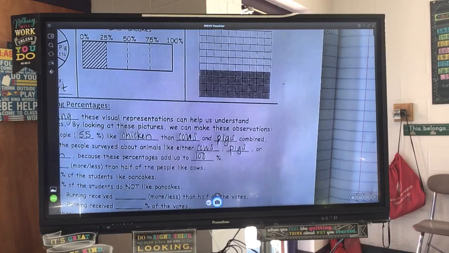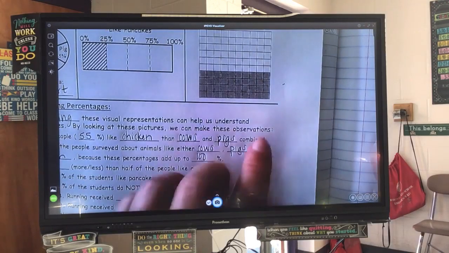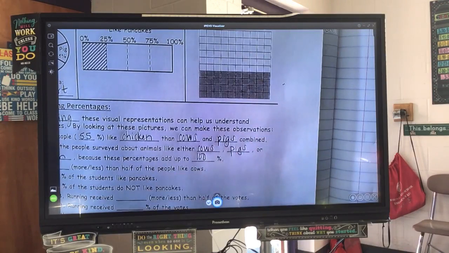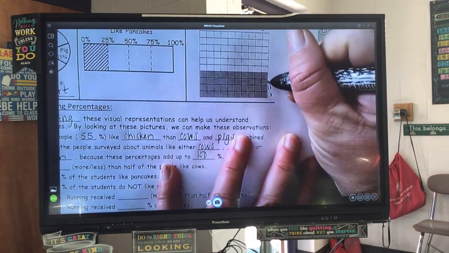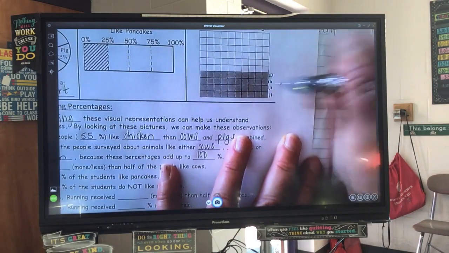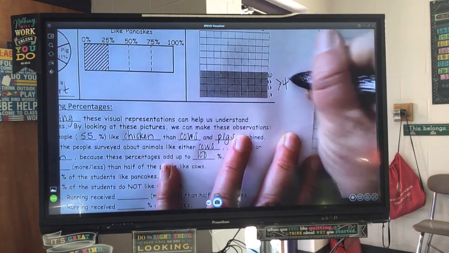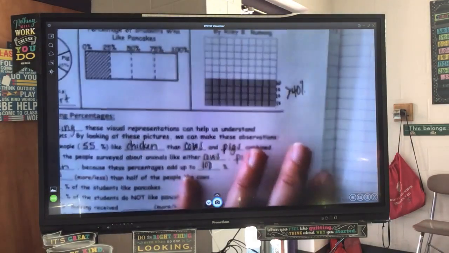I see 100%, but there's 40% shaded in. Okay, and how do you know that? Because there's 4 rows, but they all have 10 columns. Okay, so there's 10 in each one of these, and there's 4 rows. So 40% of our hundreds grid is shaded in.